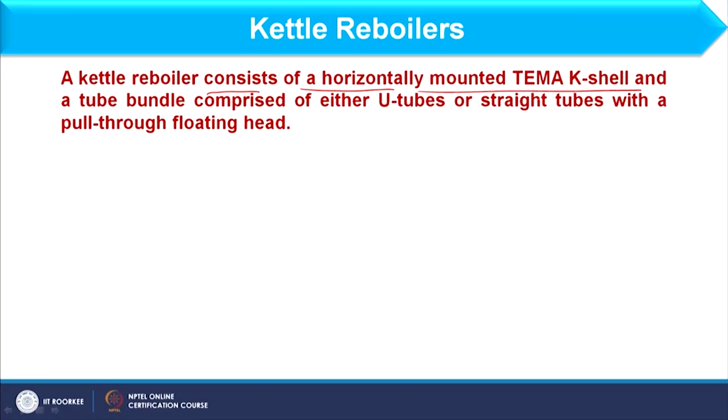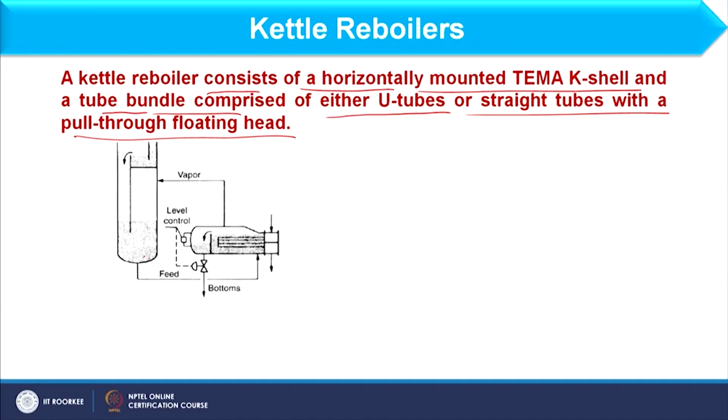Along with the K shell, reboilers have a tube bundle comprised of either U tube or straight tube with a pull-through floating head. The bundle should be internal floating head type, because the whole bundle should be taken out from the shell, then cleaned or maintained, and then inserted again.